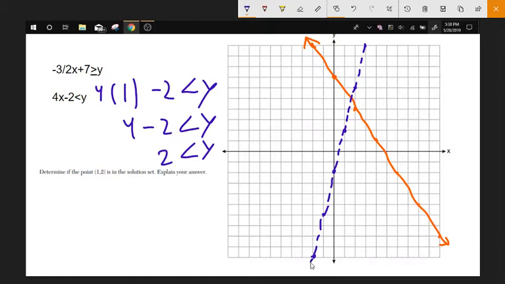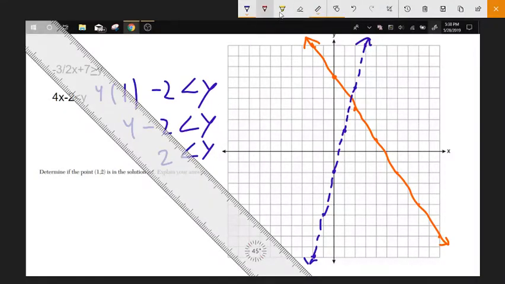And I wish I had a ruler to make that straighter, but I do not. Okay, and now let's do our shading.